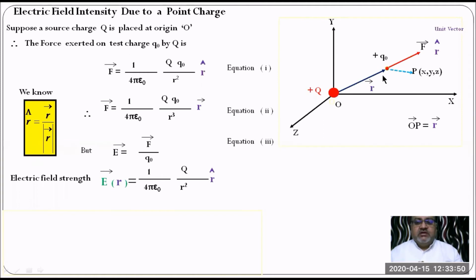The force which the test charge experiences is along that direction. The direction of electric field is along the force experienced by the test charge. So this is from equation number 1 and 3.